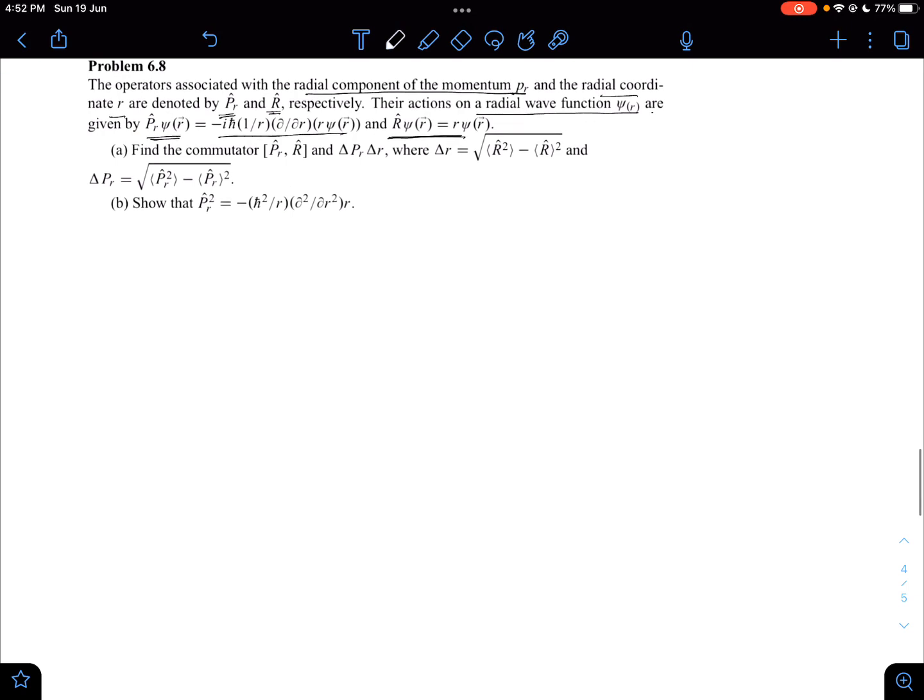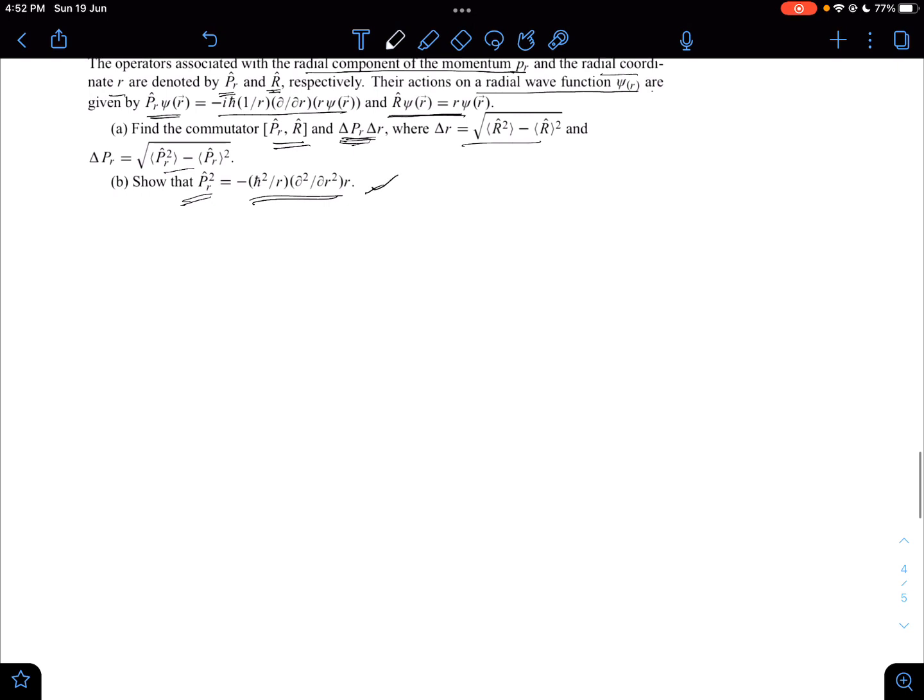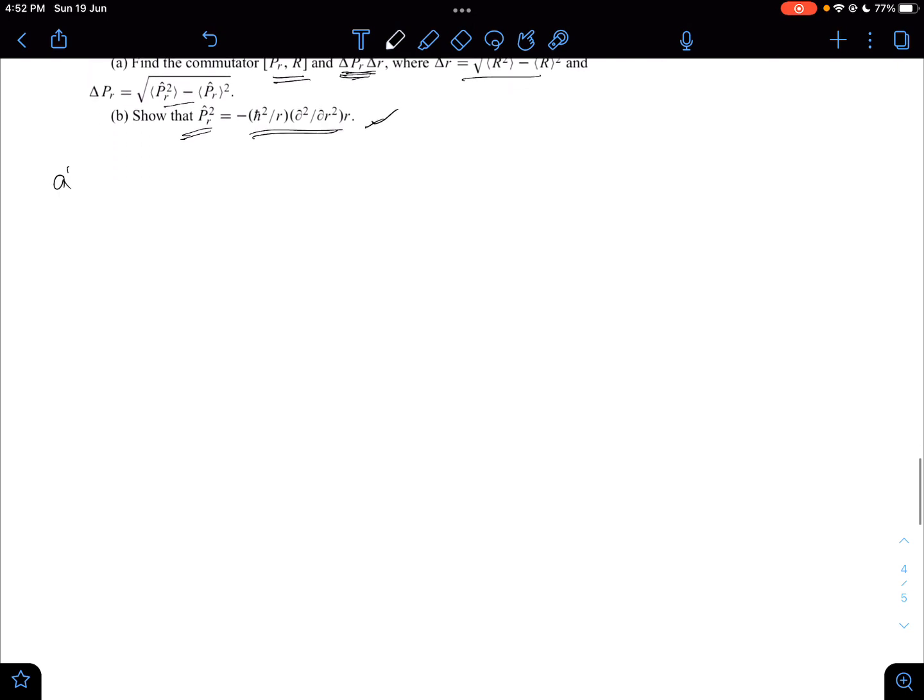We have to find the commutator relation PR, R, and the product of the variances of these two quantities. These are the variance definitions, and we have to show that the PR square operator is defined in the following manner. Okay, so let us proceed.